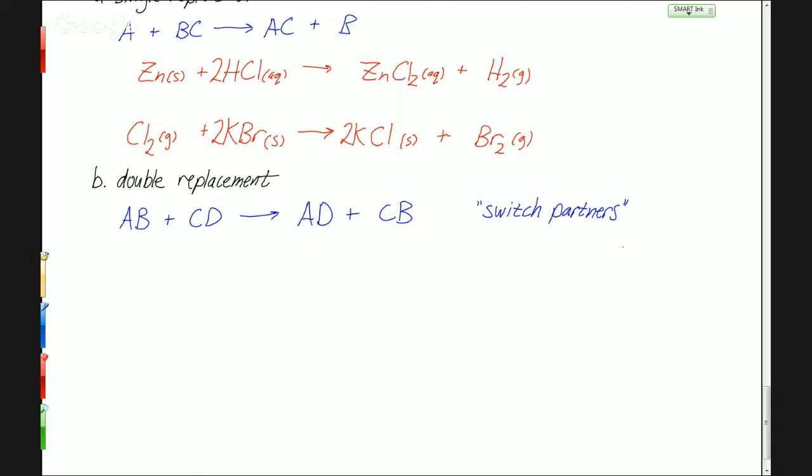The trickiest thing with this one, this is actually the easiest one to predict because you know what the cations are, you know what the anions are, and you just switch places. The only tricky part is you have to build new compounds based on the ratios. So let's see if we can just figure this one out.